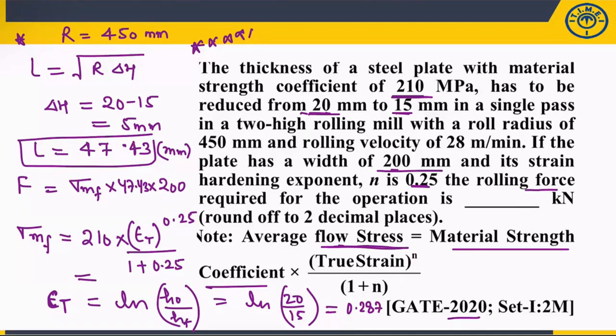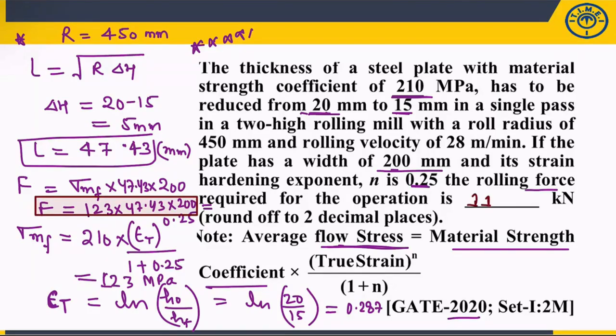Yes, very good. 123. So the mean flow stress is 123 megapascal. Now 123 into 47.43 into 200. If you solve, you will get the value of force, and that you have to find out. What will be the value of force? Yes, very good, fantastic. 1166.4 kilonewton. So this is the final answer.